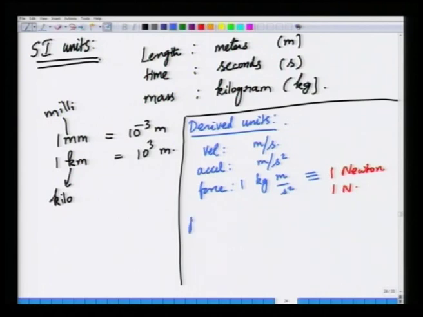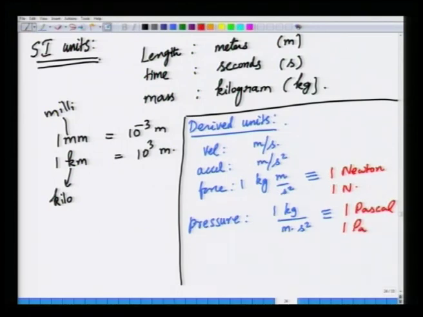So, pressure is force per unit area. So, it is 1 kg per meter second squared. It is defined as 1 Pascal, or shortened as 1 Pa.